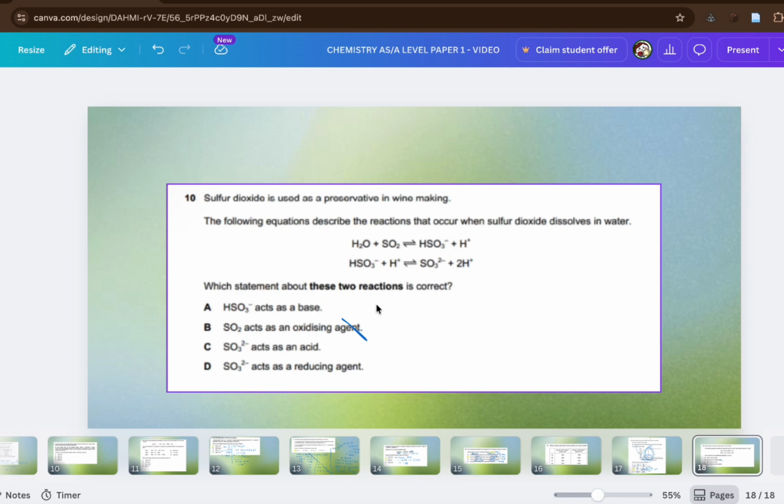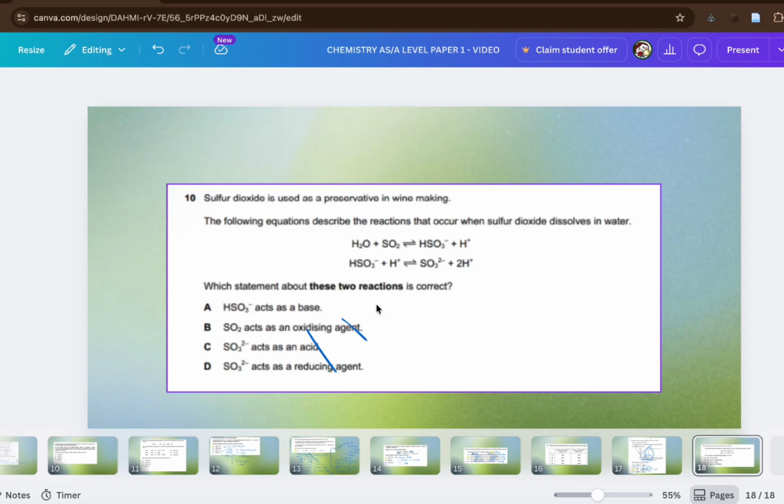Of course, we know that an acid has to donate a hydrogen ion. However, in the equation, SO2 does not have a hydrogen ion to lose, so it cannot donate an ion. So therefore, it's not an acid. Eliminate option C.